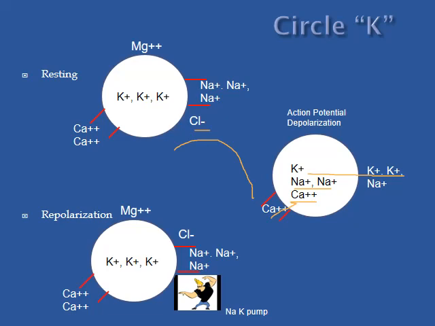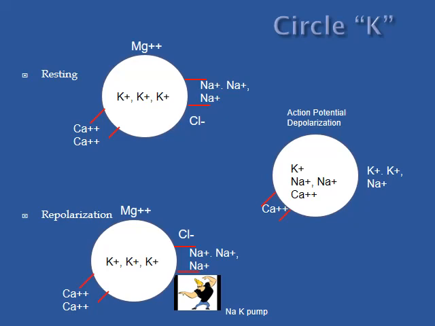Then, when it's time to repolarize, the sodium-potassium pump kicks sodium outside the cell, kicks calcium outside the cell, and puts potassium back inside the cell. And we are ready to depolarize again. So we have the resting state, which looks just like our repolarization state.